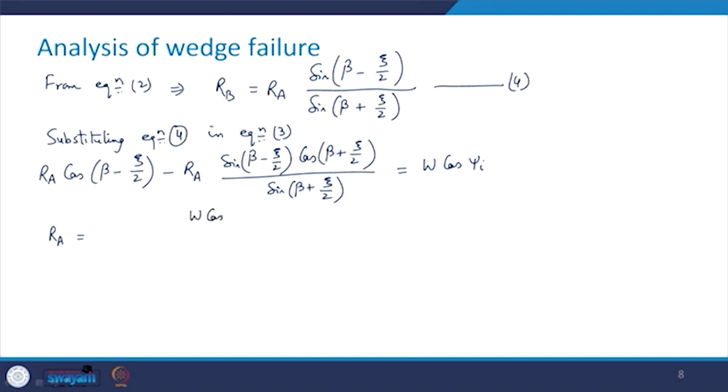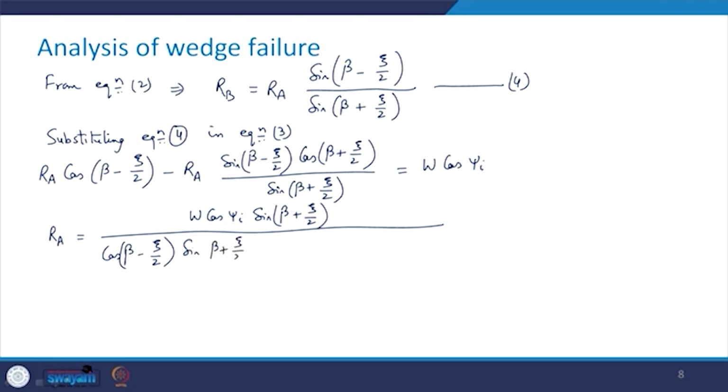Which will be simply W cos psi i sin of beta plus zeta upon 2 divided by cos of beta minus zeta by 2 sin of beta plus zeta by 2 minus sin of beta minus zeta by 2 cos of beta plus zeta by 2.